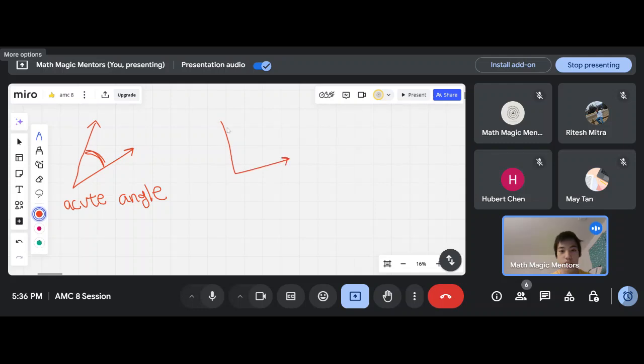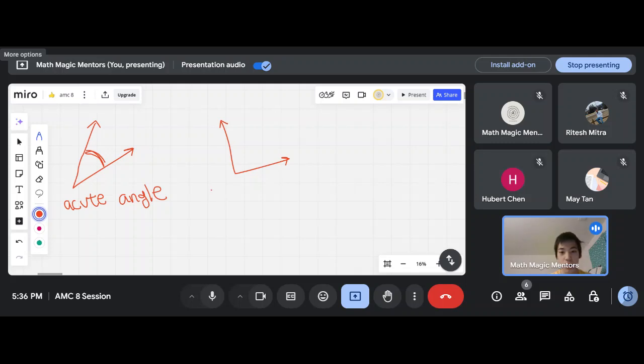Before we get into degrees, I'm going to draw the other types of angles. If one line is perfectly perpendicular to another line, it makes a T shape, and we'll see what exactly that means in a sec.